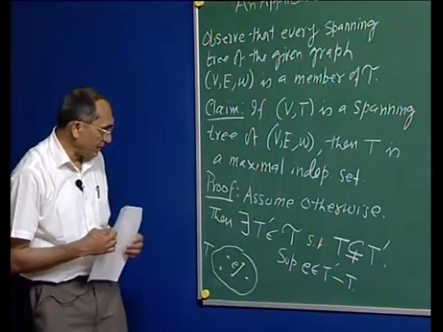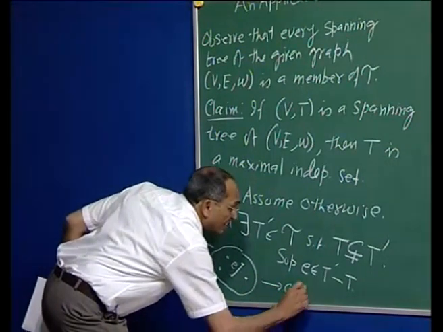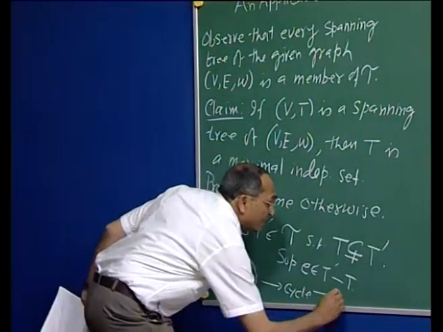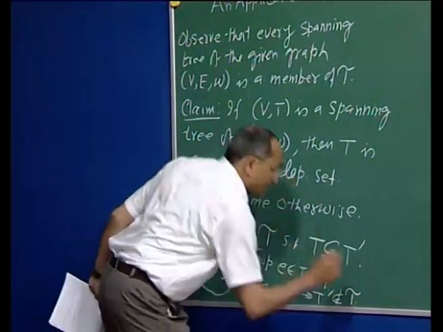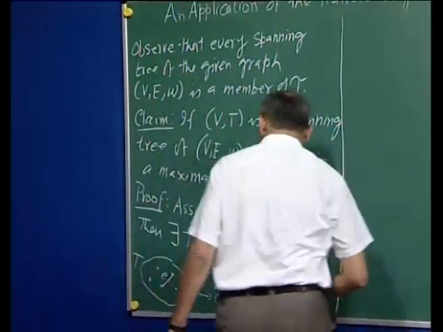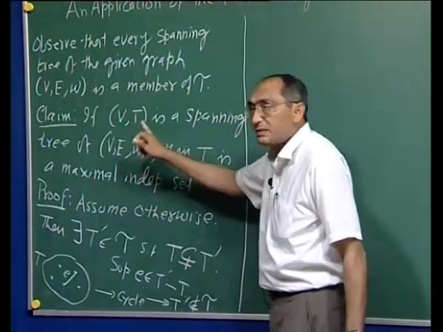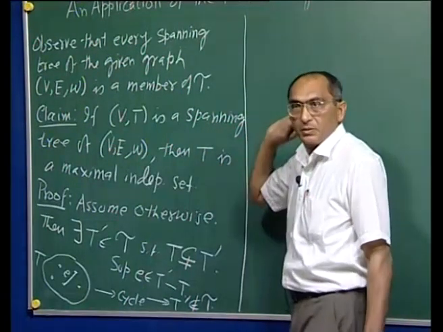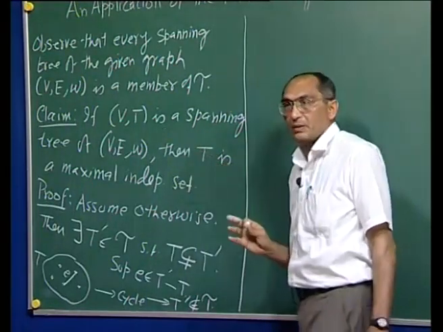So, we conclude that this leads to a cycle. That means T prime does not belong to script T. This contradiction establishes that spanning trees are maximal members of the script T.